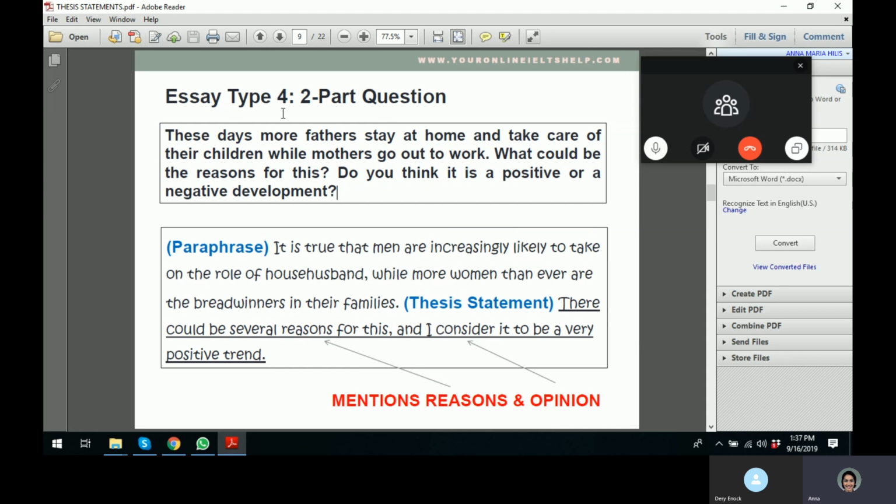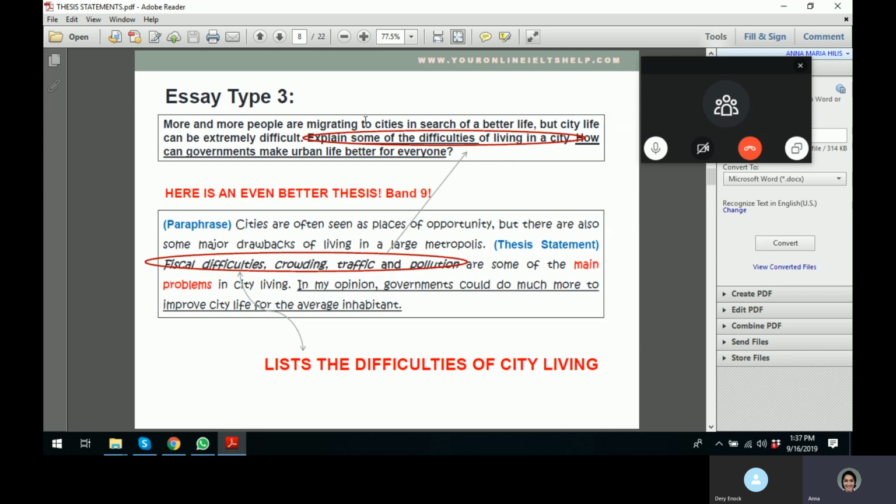Okay, I don't want you to be confused. It's just that type 3 is specific to problems and solutions. That is why I didn't place names here. Okay, and at the same time, it's also a two-part question. Okay, but other two-part questions are not specific to problem and solution.